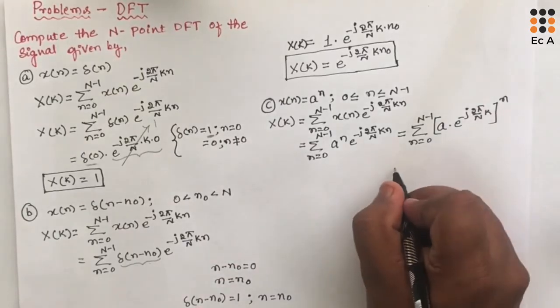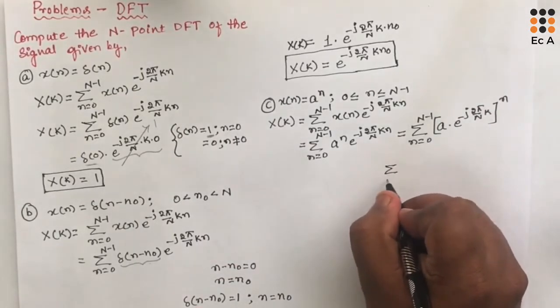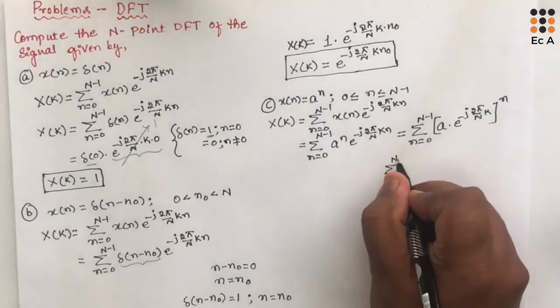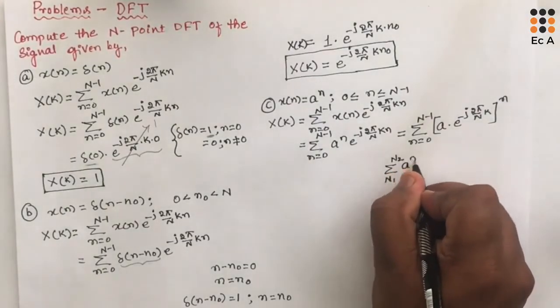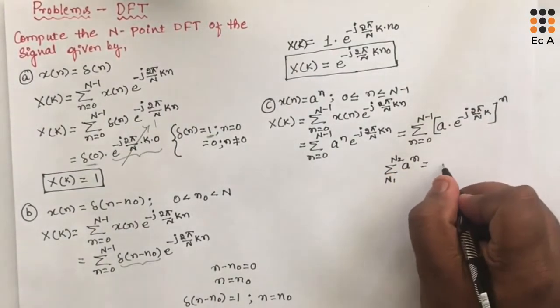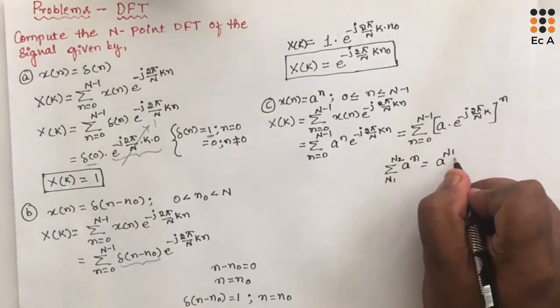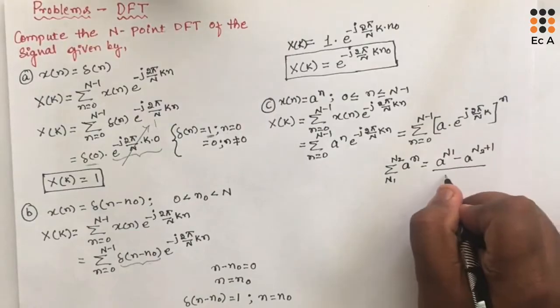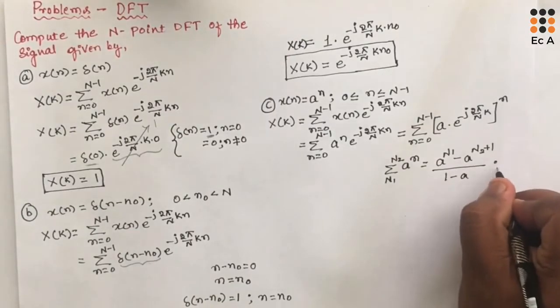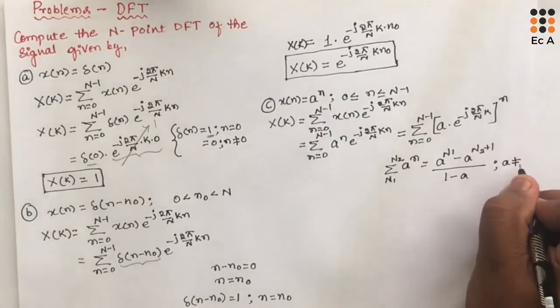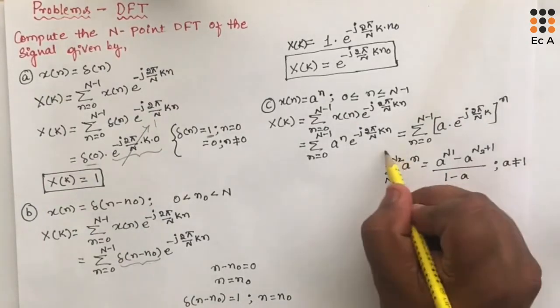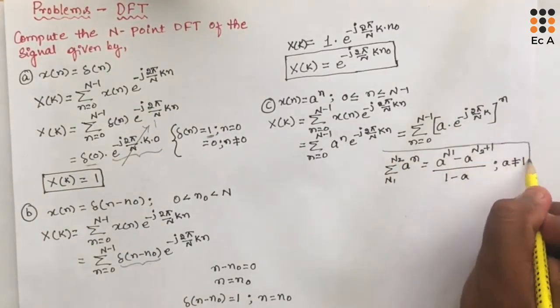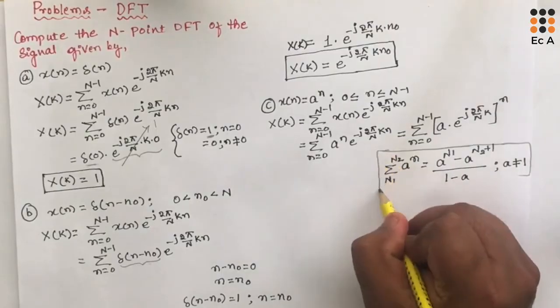We have a formula which says summation of n1 to n2 a to the power of n can be written as a to the power of n1 minus a to the power of n2 plus 1 divided by 1 minus a for a value not equal to 1. Remember this formula. This is very helpful for solving many problems.